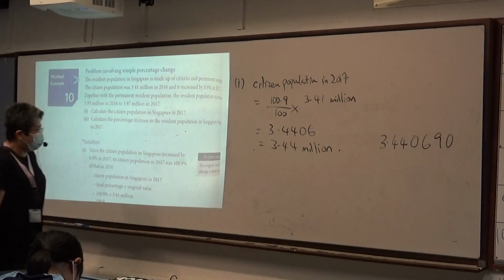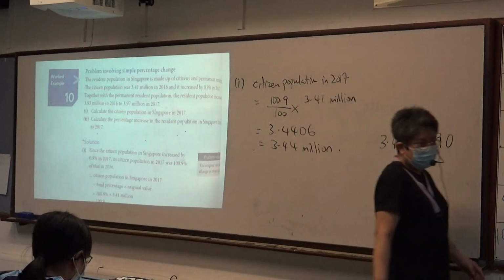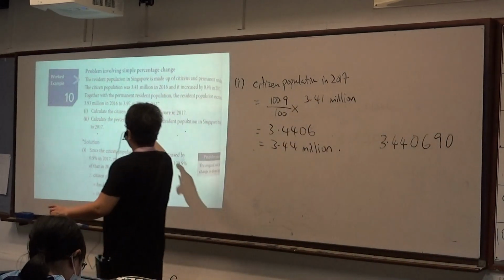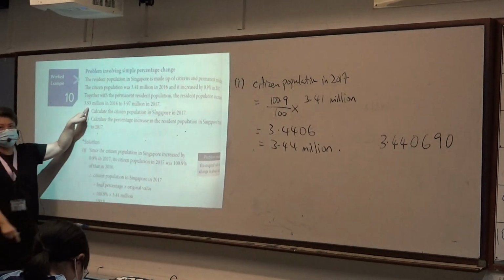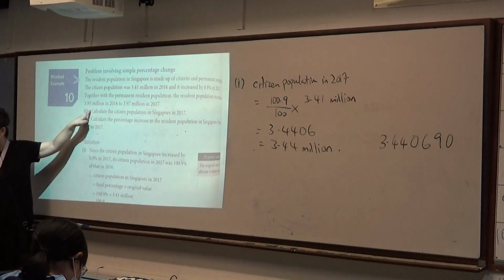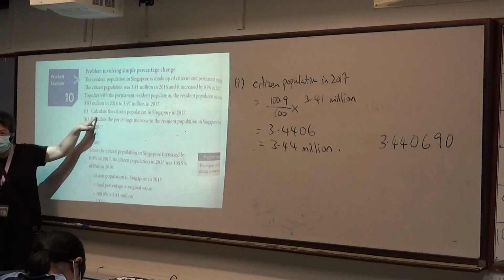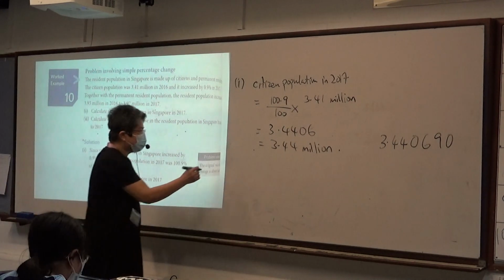Okay, so first of all, let us look at the increase. Now, do you agree that the increase will be this minus this? Correct. Over what? Original, right? Times 100%. Okay? So, part 2.